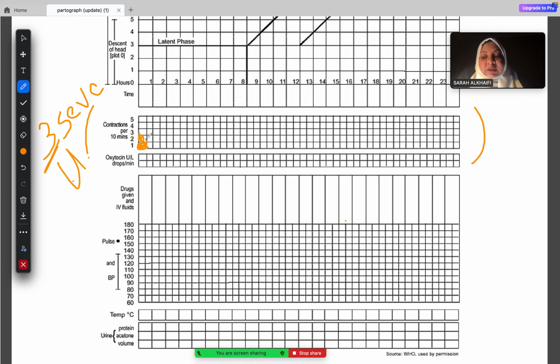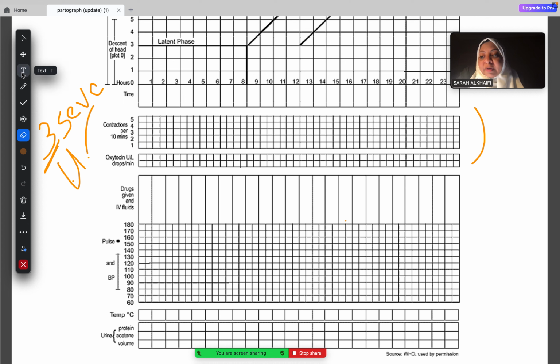So 1 uterine contraction, the second one is here, and we color it all the way because it's a severe uterine contraction, and here another one. So we have 3 severe uterine contractions, 1, 2, and 3, and we colored them completely.